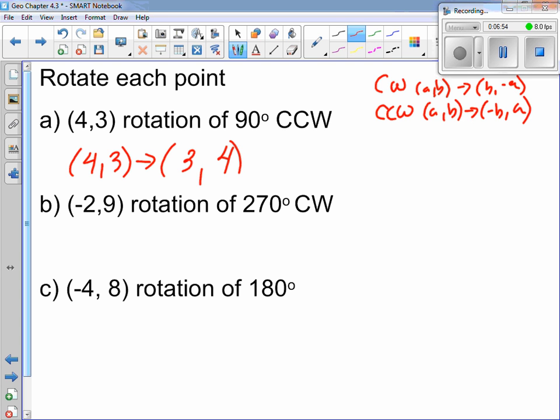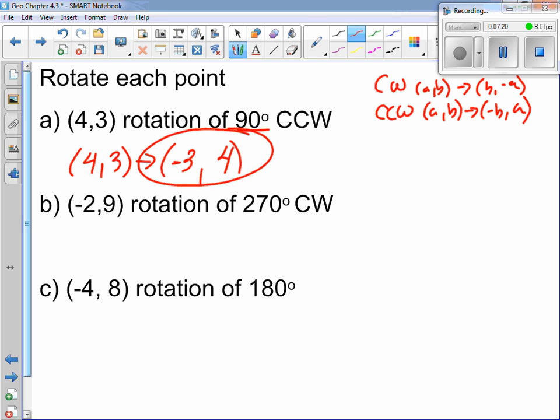Now, it would be negative 3, because for counterclockwise, we're making the first one negative. We flip it, make the first one negative. For clockwise, we flip it and make the second one negative. So have I rotated it the complete 90 degrees counterclockwise? Well, yes. We're done.